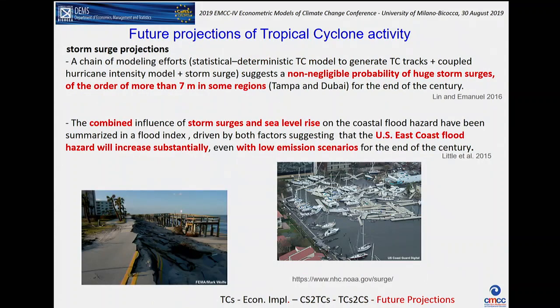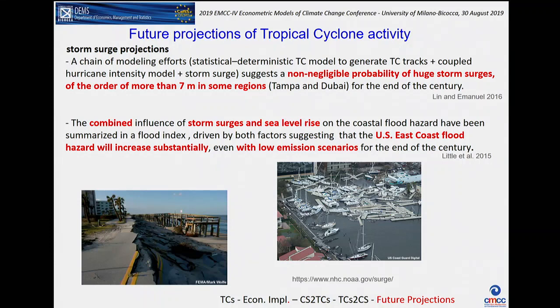In terms of storm surge, this is a new approach that puts together the tropical cyclone modeling in different way, forcing hurricane models with information from general circulation model, and also putting together the information from storm surge models, etc. We can have a chain of modeling effort that gives you the final number of what we can expect in terms of sea level rise associated not only to the one induced by the warming, but also to the storm surge that is of the order of 7 meters instead of the 5 meters we have mentioned before at the beginning of this talk.